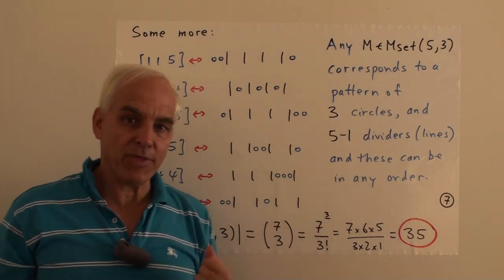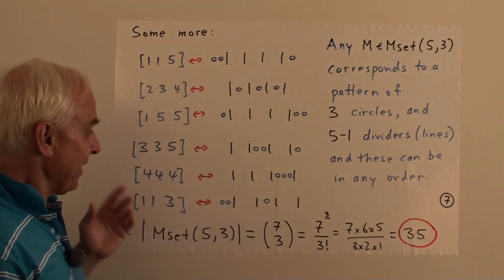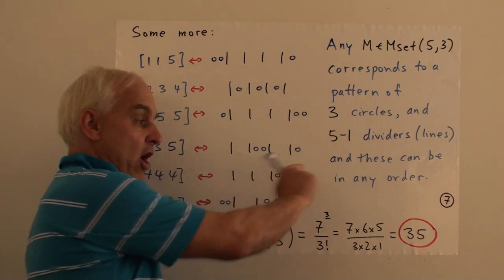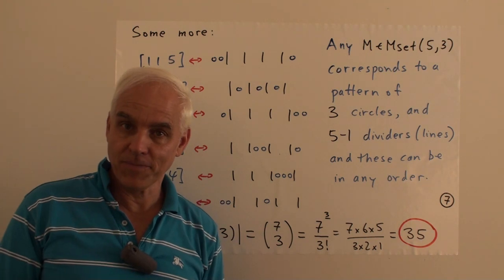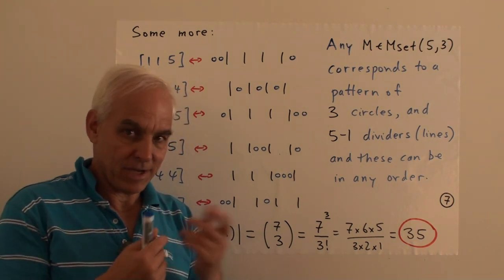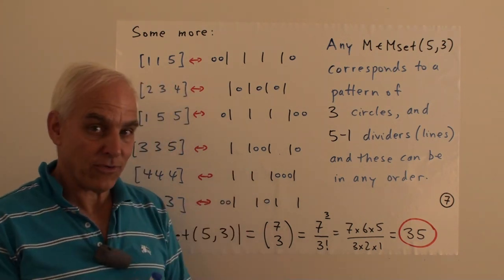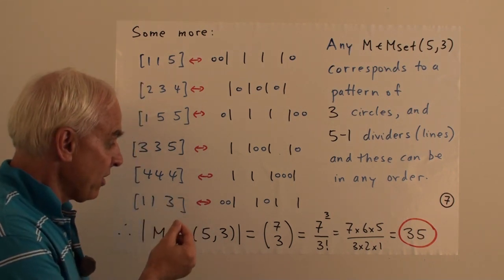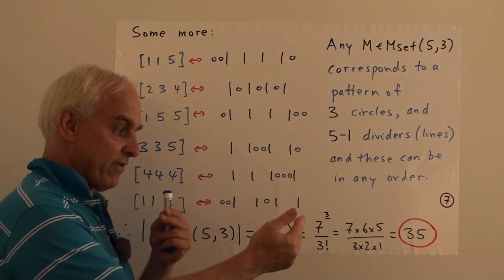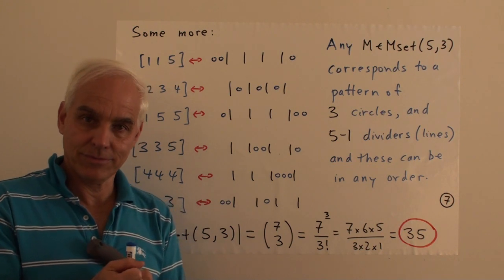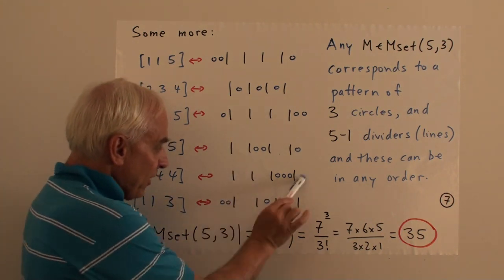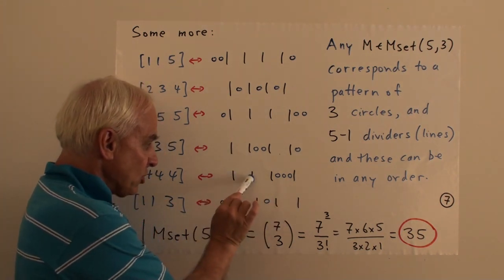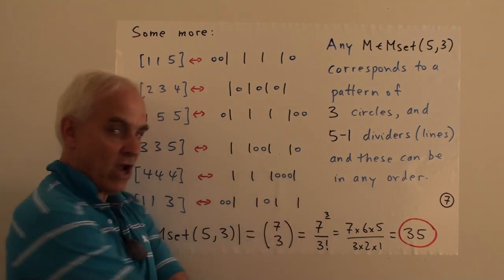Well, we can count that, because that's really the situation where we have 7 objects altogether, because there's 4 lines and 3 circles, and we have to choose 3 of those 7 to be circles. So consider this one here, for example. There's altogether 1, 2, 3, 4, 5, 6, 7 objects.